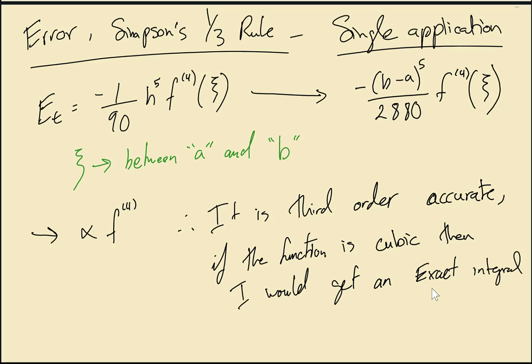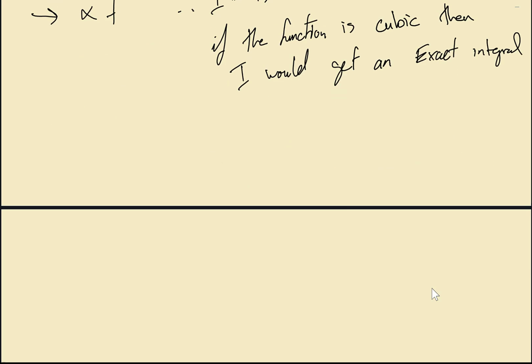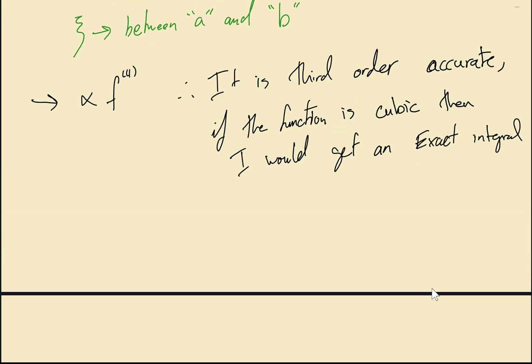All right, so now we're going to do an example, the same example we did last class. Last class we did the trapezoid rule using a function. Now we're going to do Simpson's 1/3 rule using the same function and look at the difference in the results.